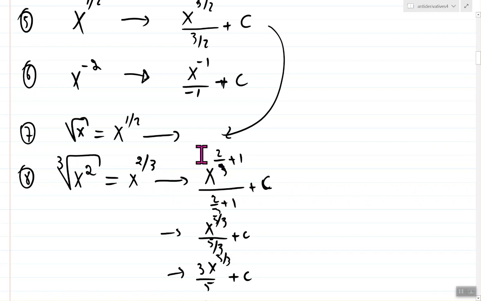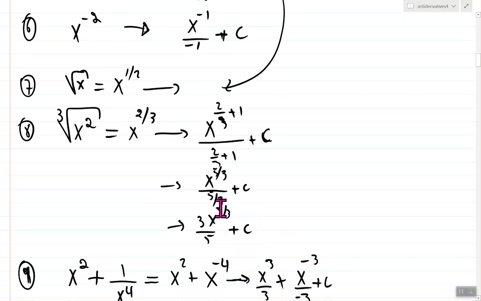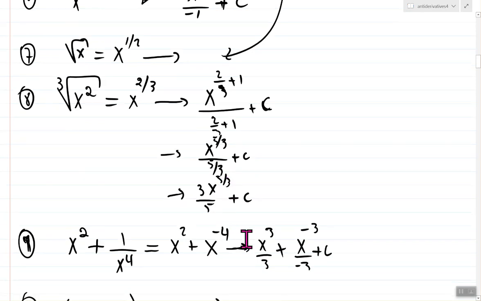Basically you add 1 to the exponent and then divide by the new exponent, which eventually gives you x raised to 5/3 divided by 5/3 plus c. But since you're dividing by a fraction, you can flip and multiply, so 5/3 becomes 3/5 times x to the 5/3 plus c.